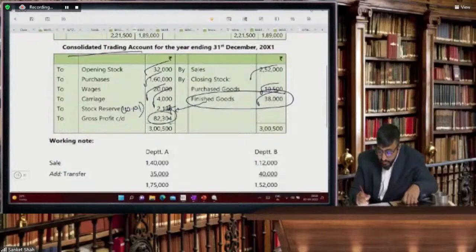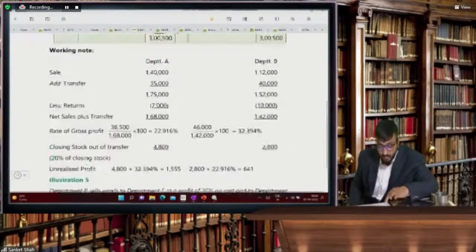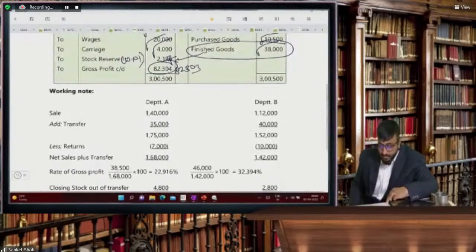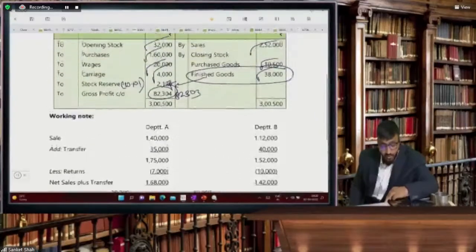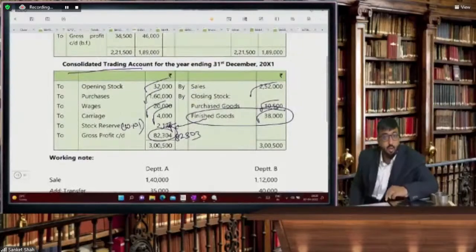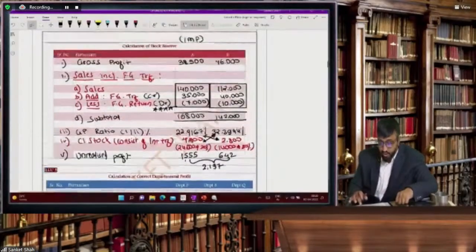So our answer will be 1 rupee से कम आएगा, 82,303. You got this concept now, beta? Very easy. Easy format. So this is all for consolidated trading and profit and loss account. Chalo, let's take a screenshot, beta.